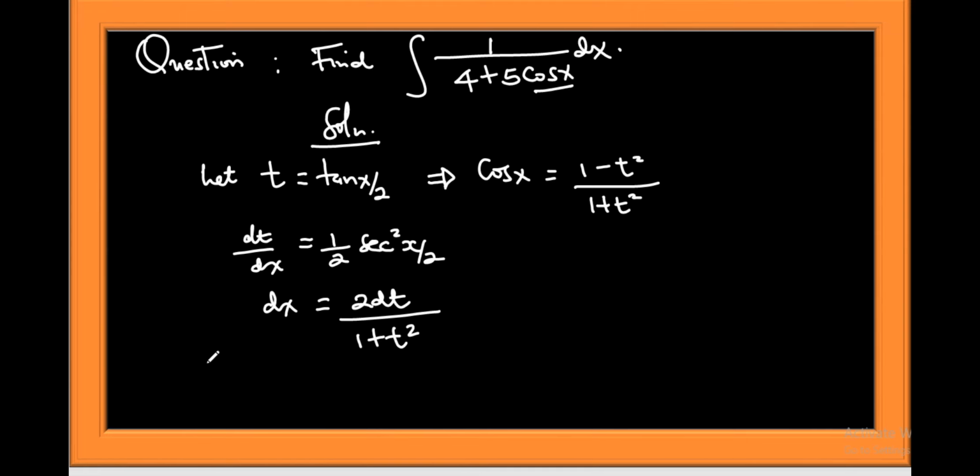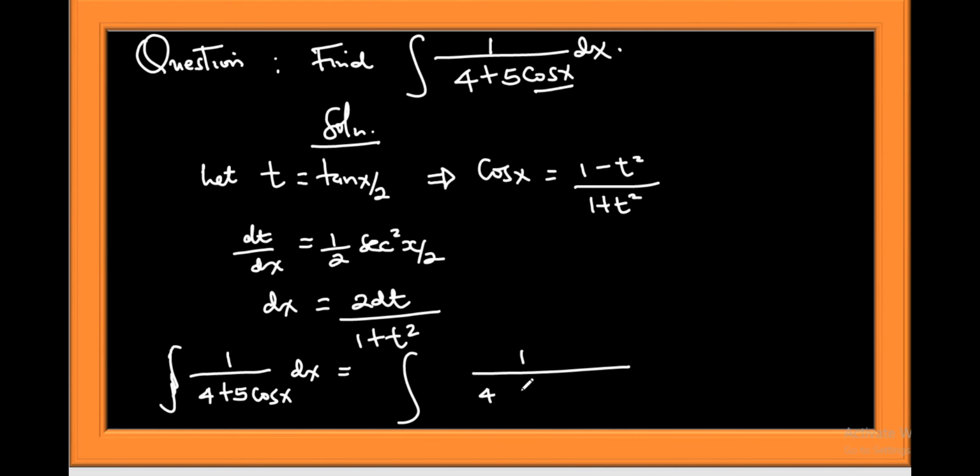Then from here, I can redefine my integral. The integral of 1 out of 4 plus 5 cos of x dx can now become as simple as the integral of 1 divided by 4 plus 5, in brackets 1 minus t squared divided by 1 plus t squared.